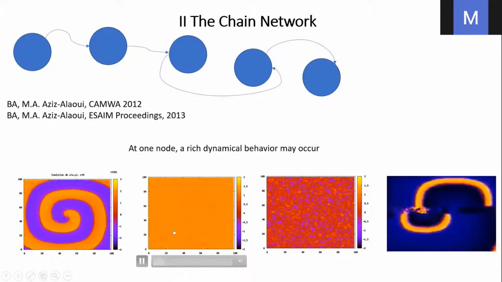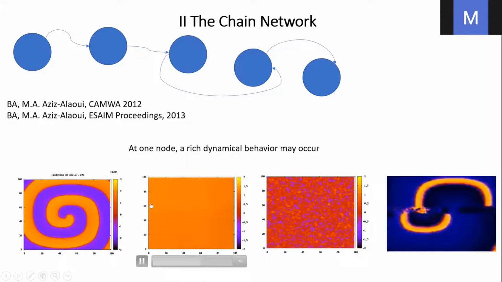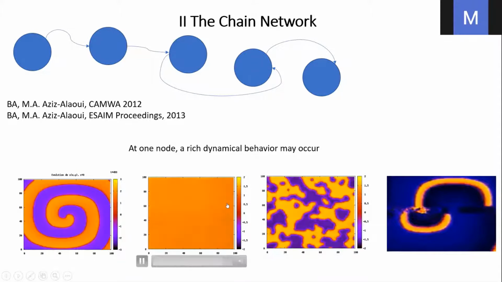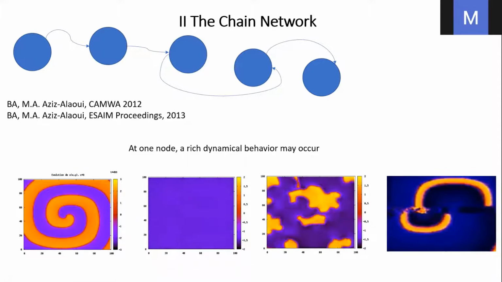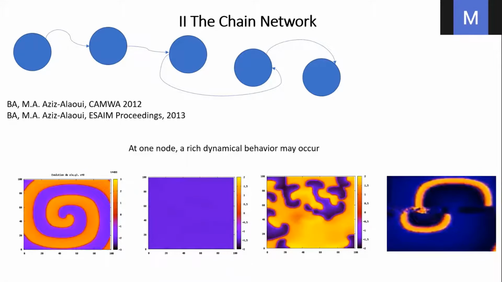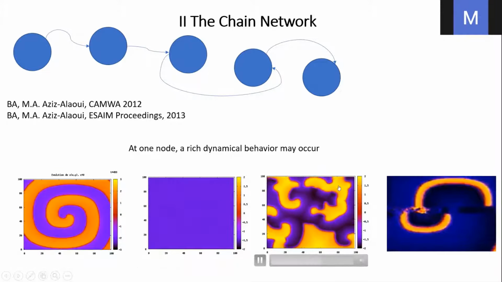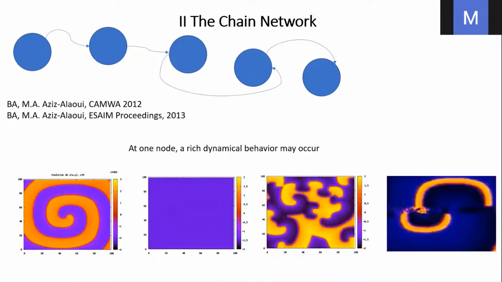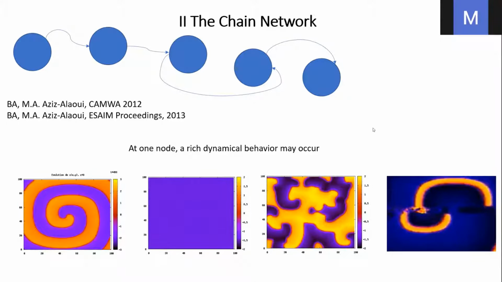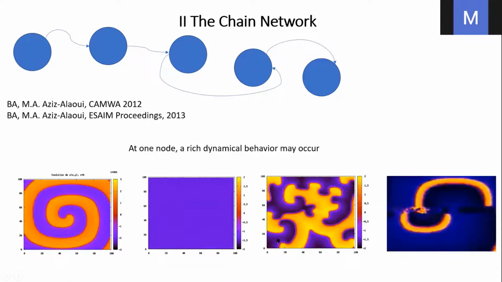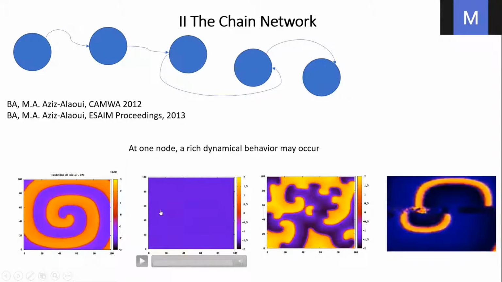You can also have a solution which will be periodic in time, but homogeneous in space. You can have these patterns. You can note that these three patterns are solutions of one single PDE. It's just one PDE. The difference here is just the initial conditions.